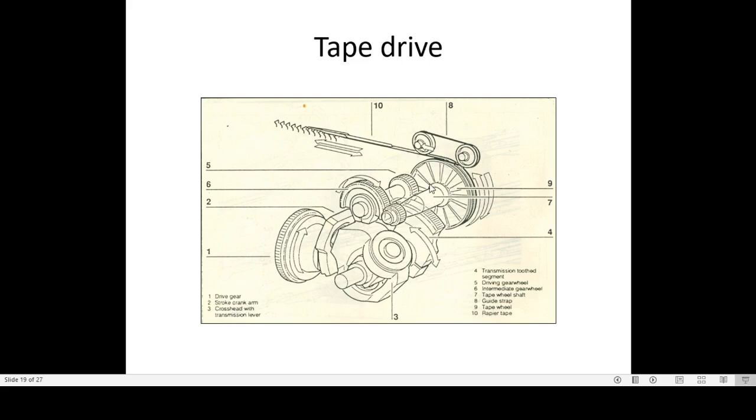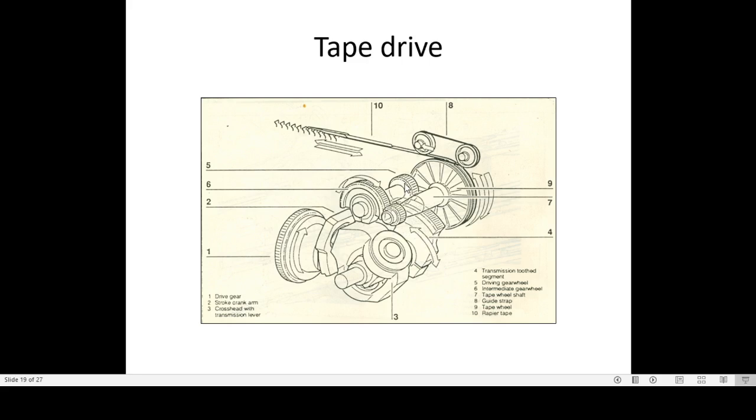So how is it moving forward, clockwise and anti-clockwise? The gear wheel rotates, and as it is eccentric, the crosshead is moving up and down, and the wheel is moving clockwise and anti-clockwise. As the wheel moves, the toothed gear gives drive to the fifth gear. The toothed gear is moving forward and backward.